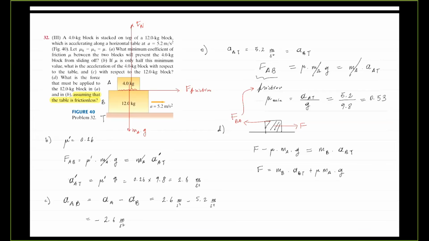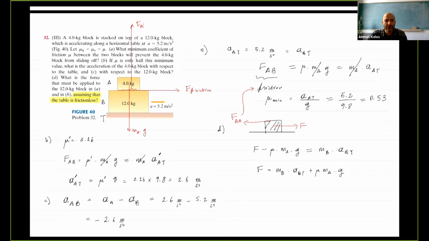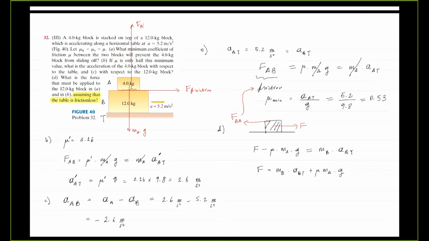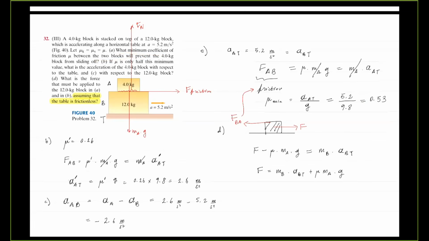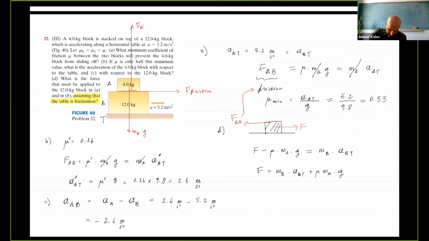Maybe we can calculate it shortly by taking A and B as one unit because they are moving together. Exactly. Yes, you can do that absolutely. In part A, they move together, and we definitely can do that. But in part B, we cannot do that, right? Because in part B, they are different. But I think let's just put these numbers in.